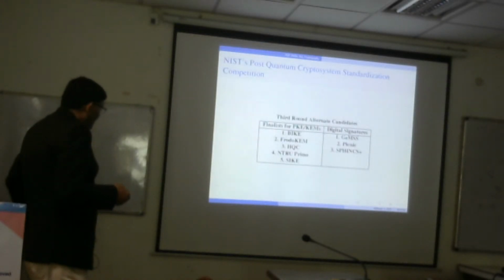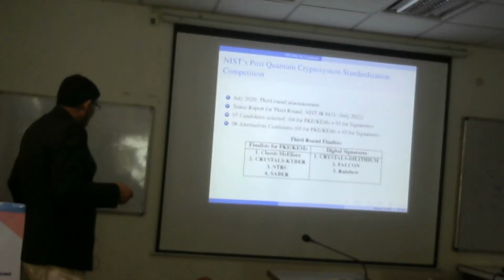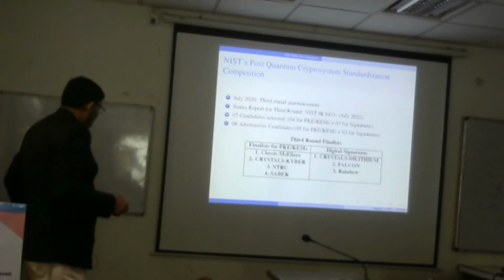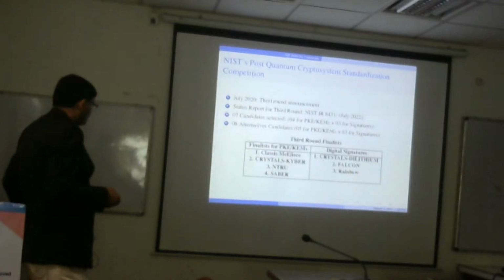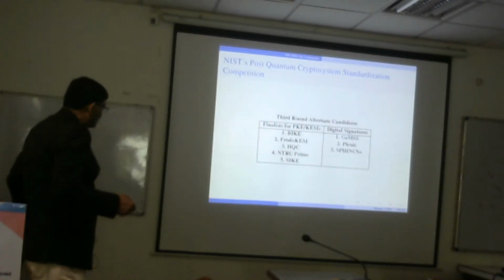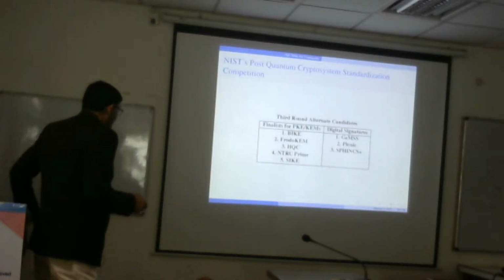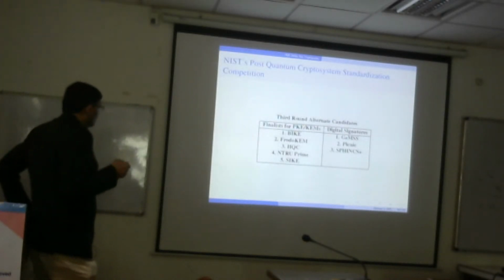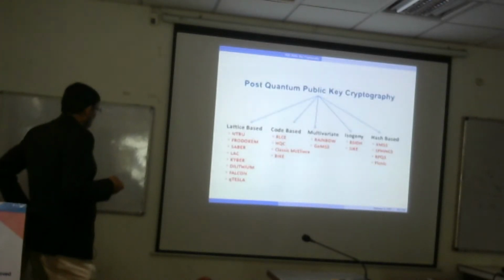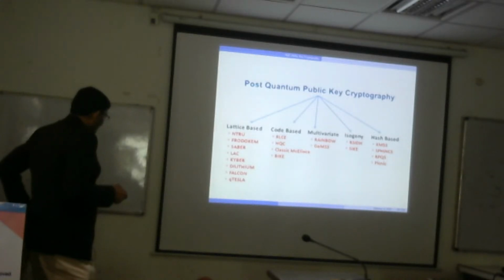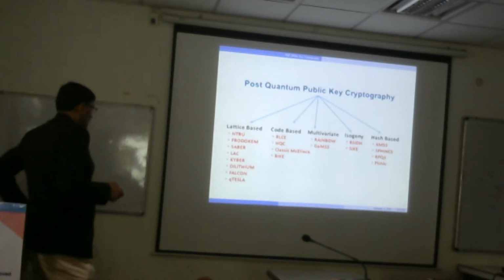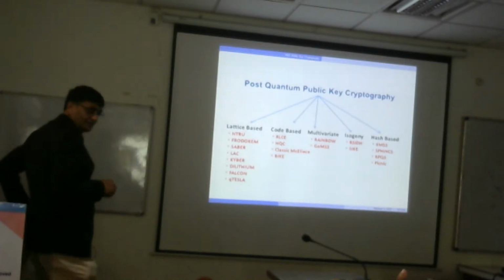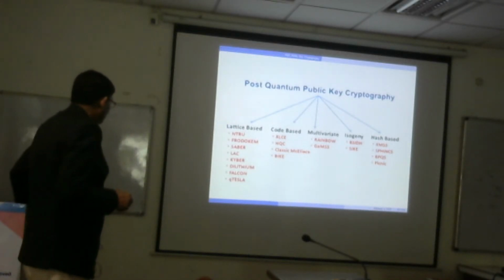And these are the alternative candidates. Some candidates are code-based, NTRU is based on lattices, Rainbow is based on multivariate crypto systems, SPHINCS is based on the hash-based concept, and SIKE is based on isogenies. So post-quantum cryptography is either based on lattices, code, multivariate, isogeny, or the hash concept.